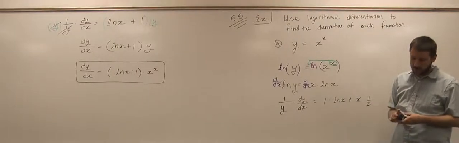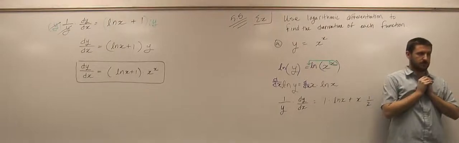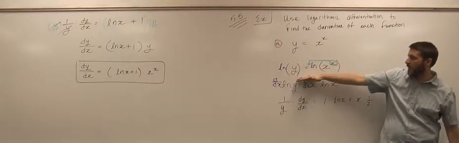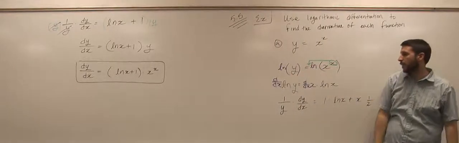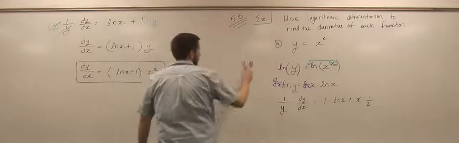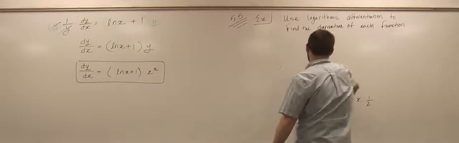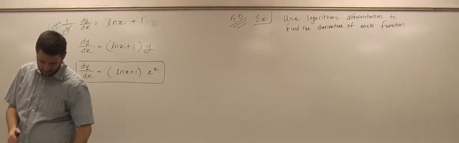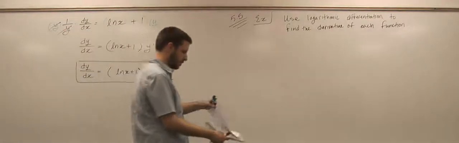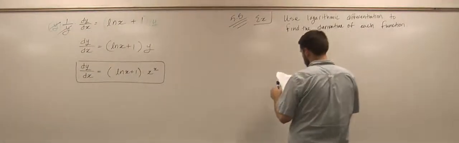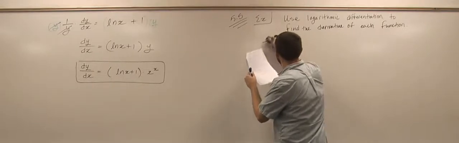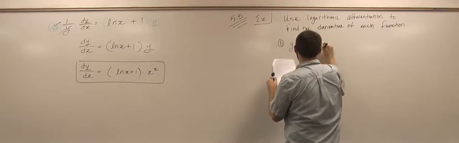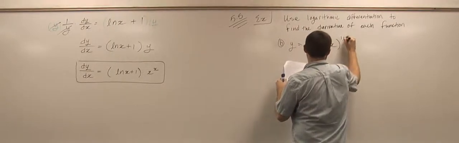So I'll do another one. Variable to a variable, you hit it with an ln to bring the exponent down. So sine x to the 1 over x.